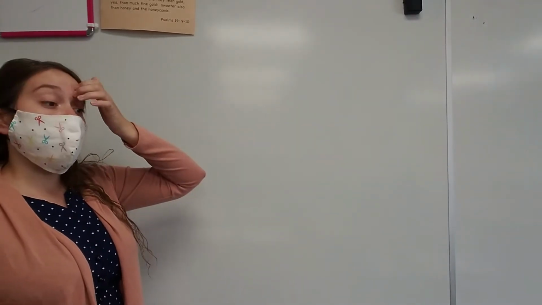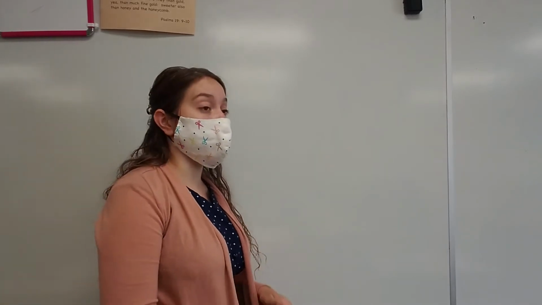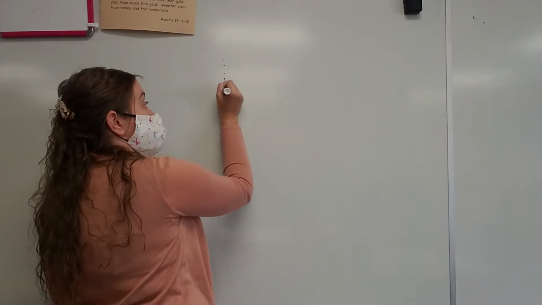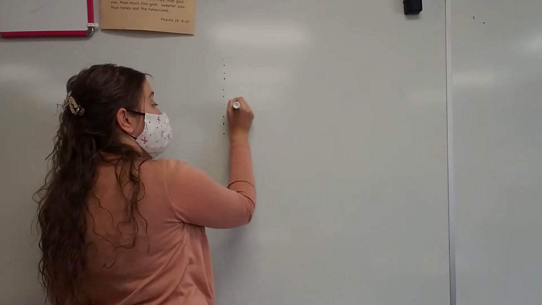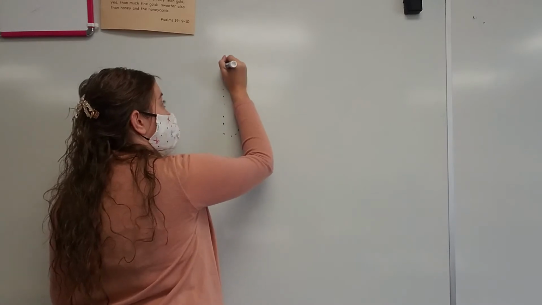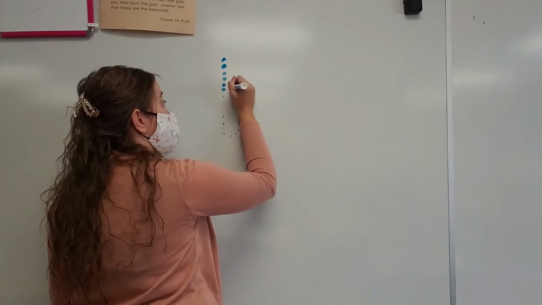I want you to make a 5 by 5 on top of the little light dots. I'm going to make them bigger, and draw a 5 by 5 on my dots.